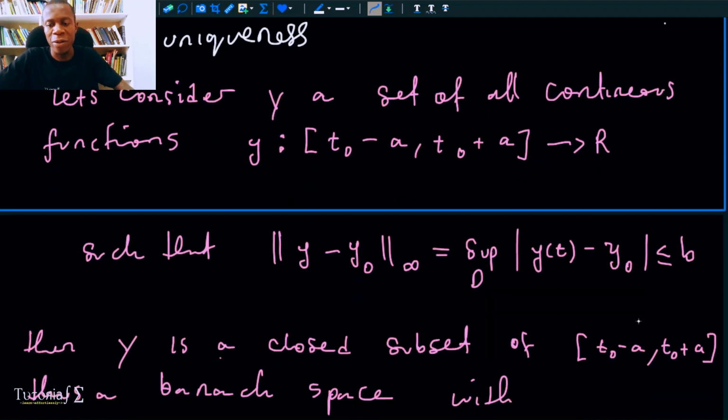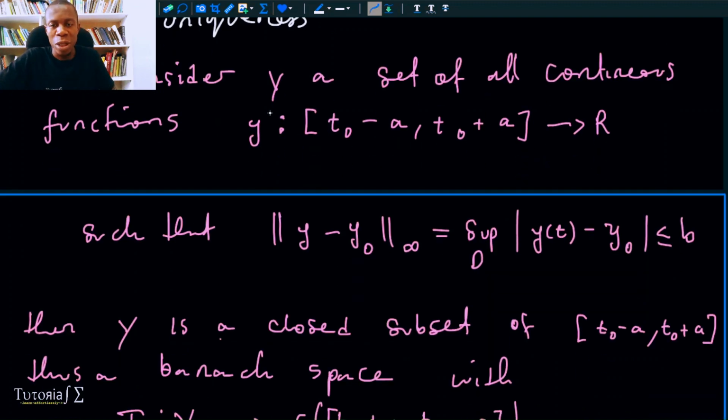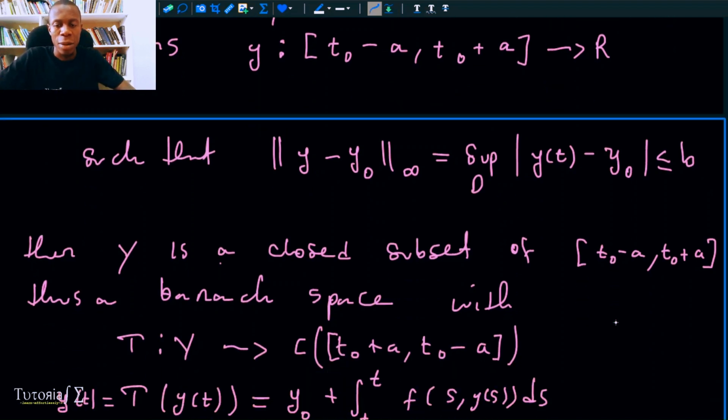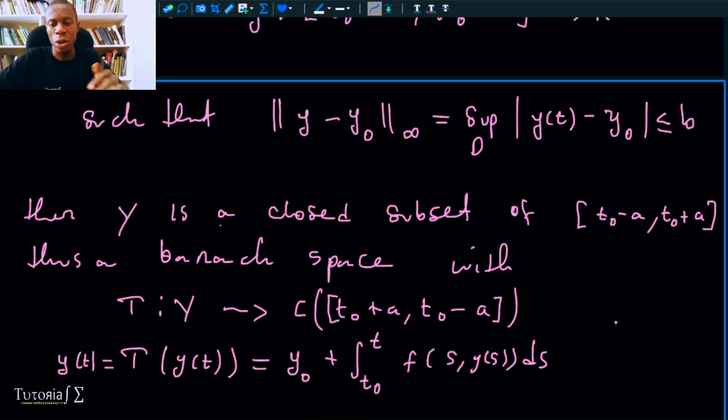If we have that, then we can conclude that this set of all continuous functions is closed, and thus it is a Banach space.